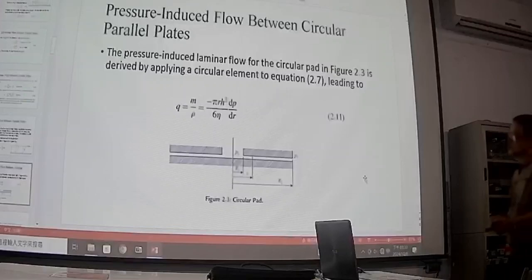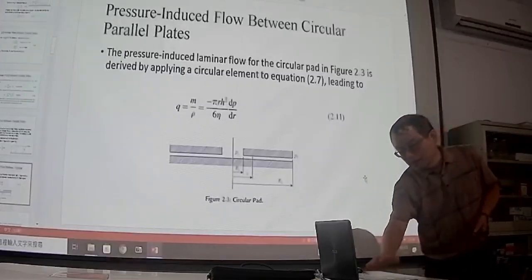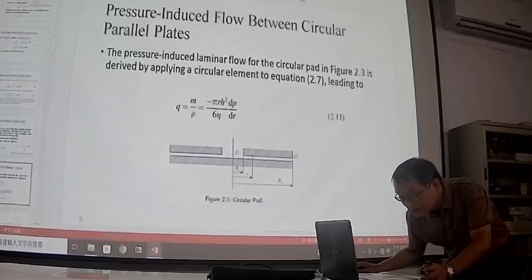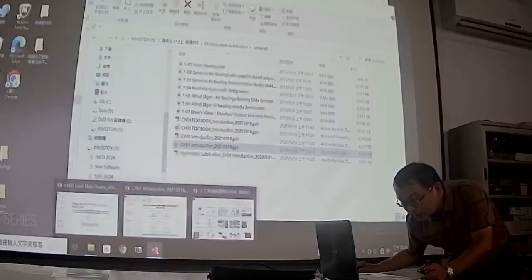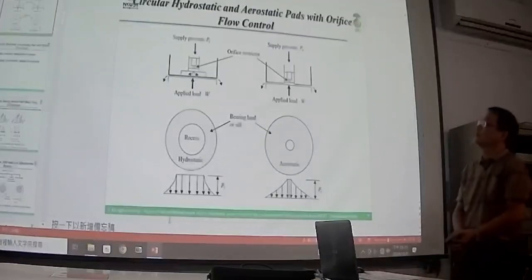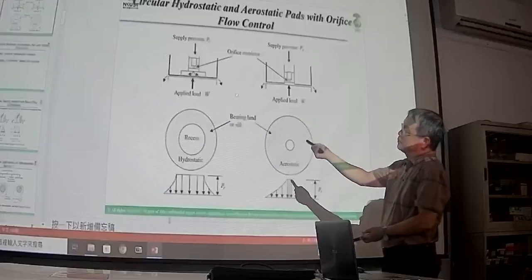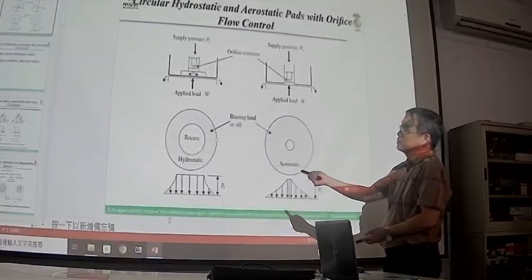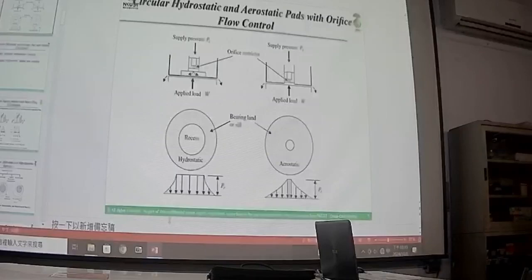This is to calculate the simplest one, the circular area. You can calculate the volume flow rate Q by the formula.